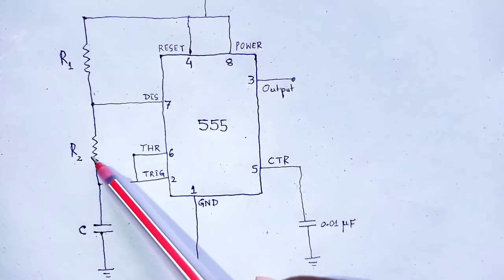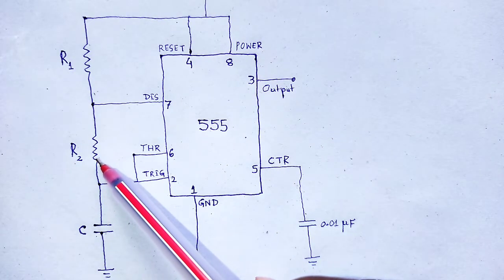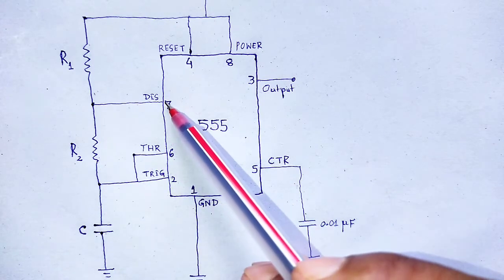The other resistor R2 is connected between pin 6 and pin 7.